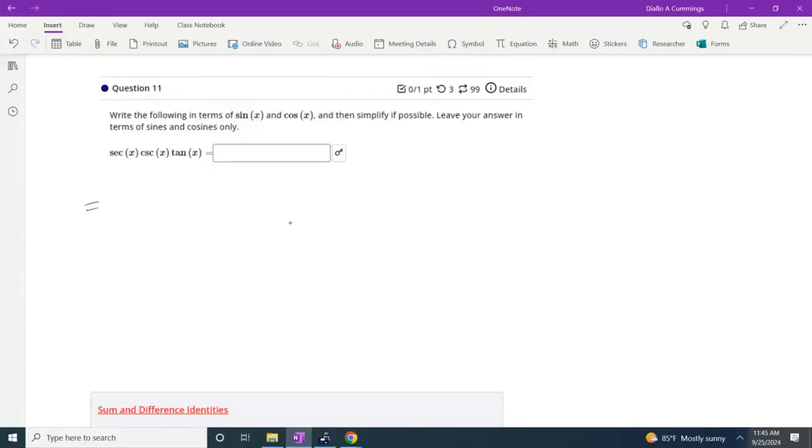So I can rewrite secant as 1 divided by cosine x, because secant and cosine are reciprocals. I can rewrite cosecant x as 1 divided by sine x.